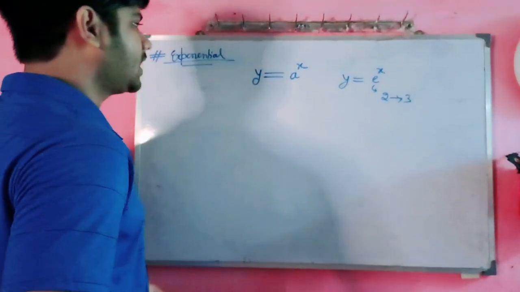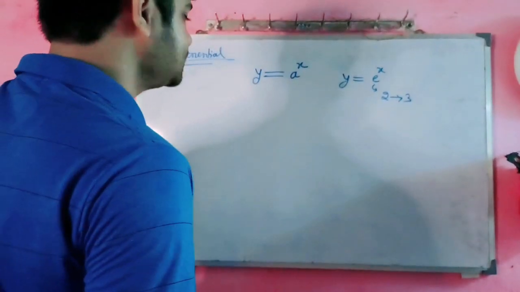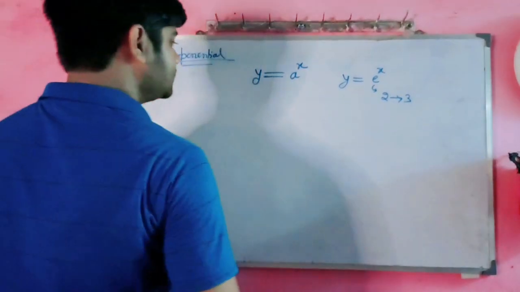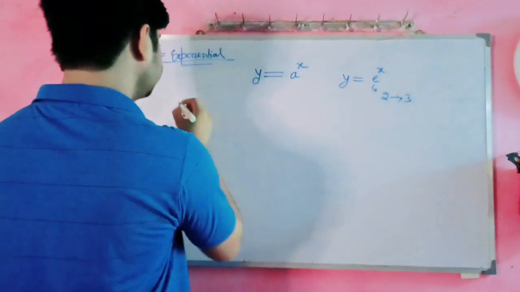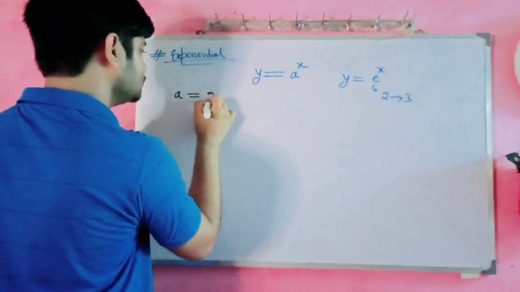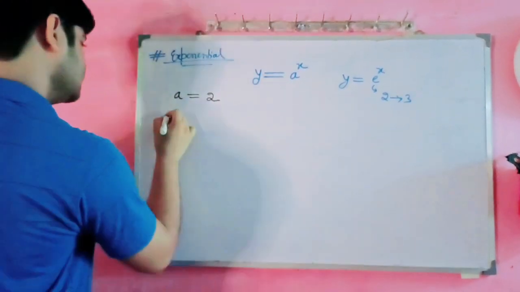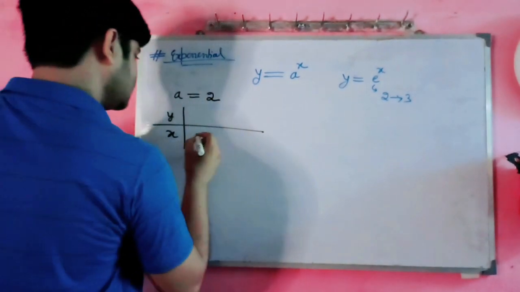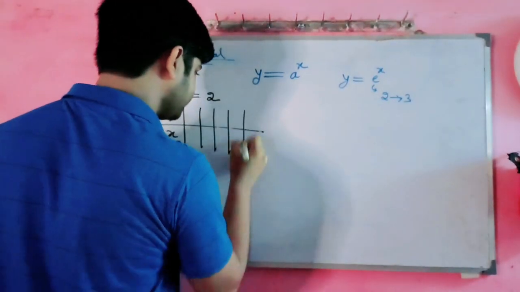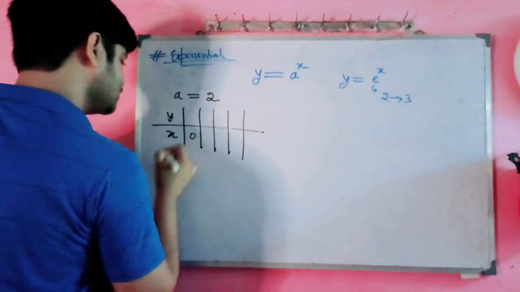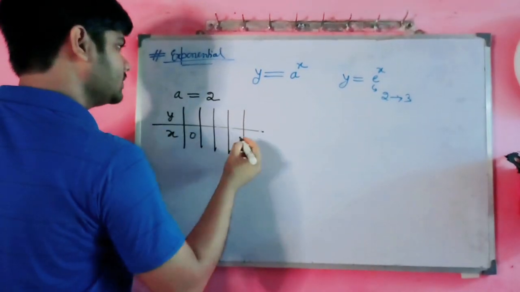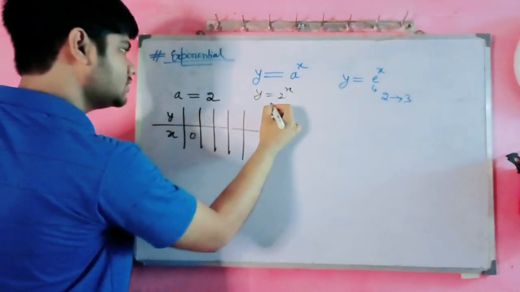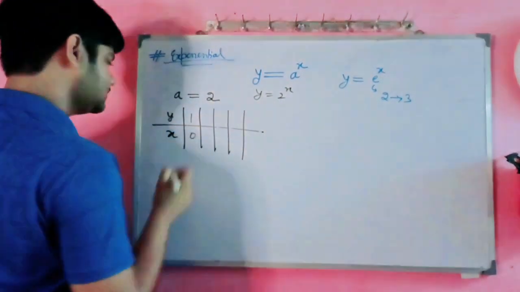Now how will the graph of this actually look? At first assume any value of a, say 2. When x equals 0, y equals 2 raised to x, so y equals 1.